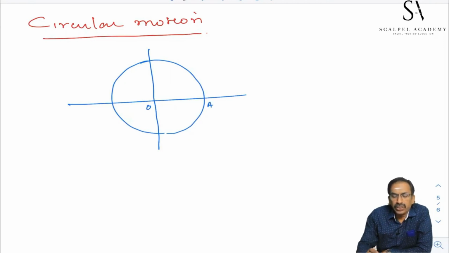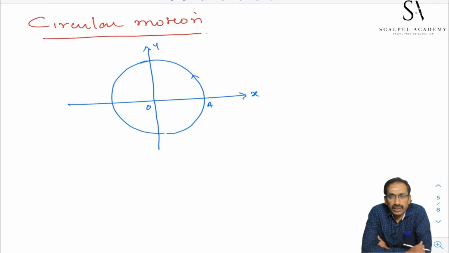A is the initial position of the particle. It is moving in the anti-clockwise direction with a constant angular velocity. Let us talk about angular velocity, angular displacement, angular acceleration.